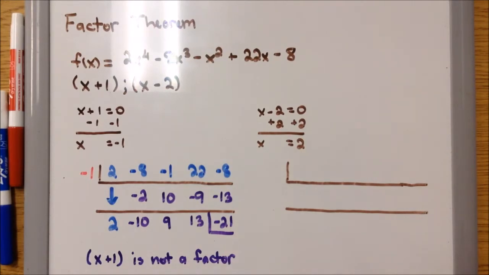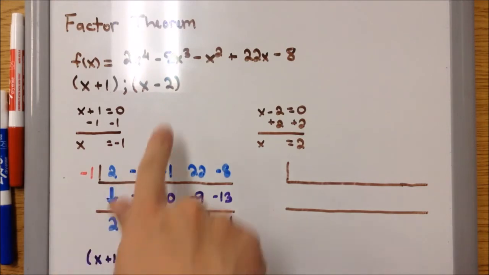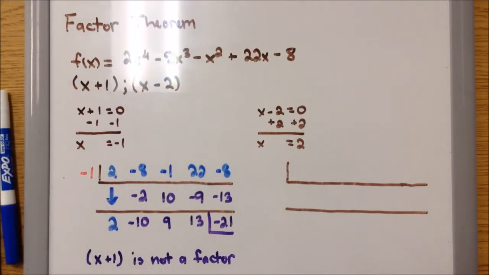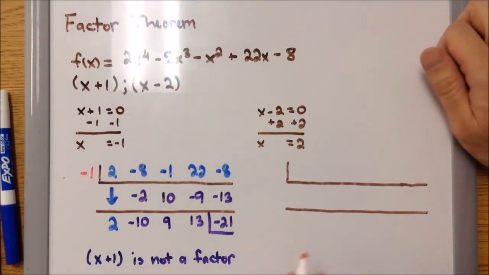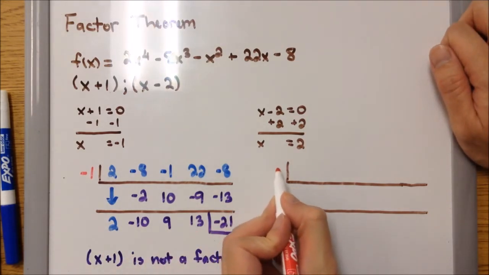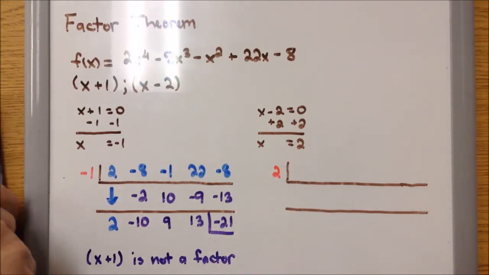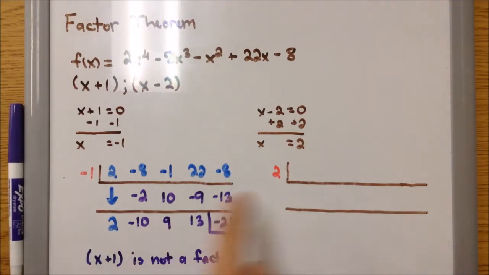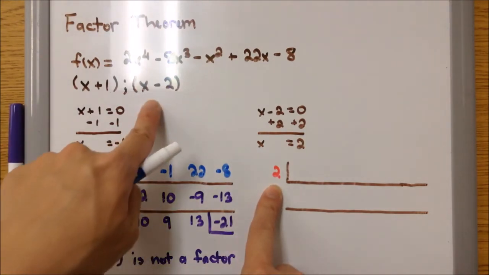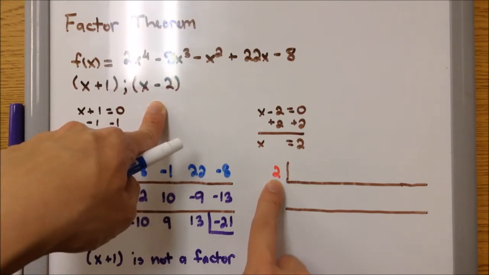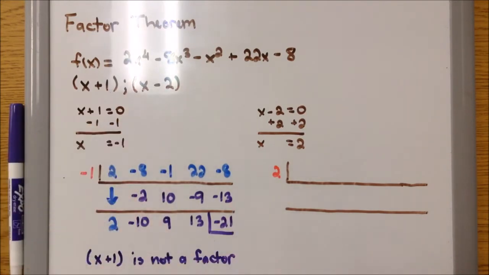Alright. Now we're going to test out the second factor, x minus 2, where x equals 2. So our next 0 or solution is 2. We're going to see if that is a factor. So we're going to test if it is a factor, meaning we're going to test if this is a 0.